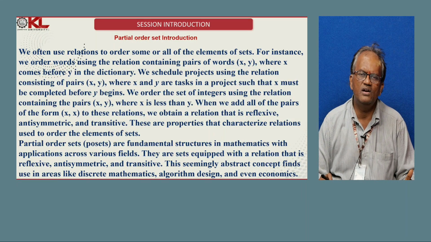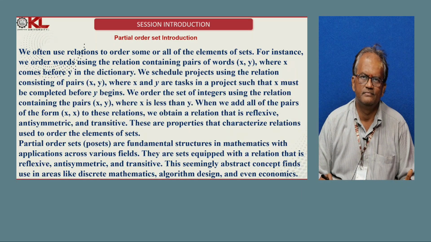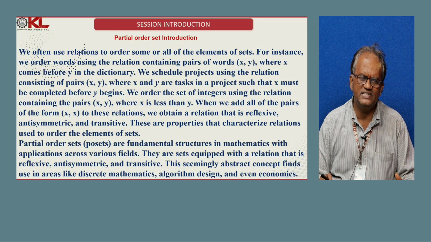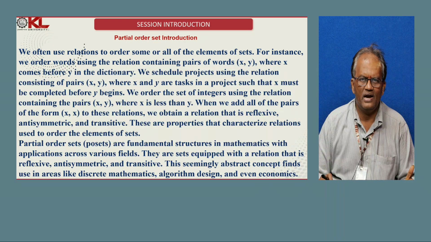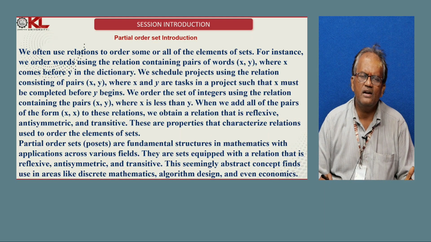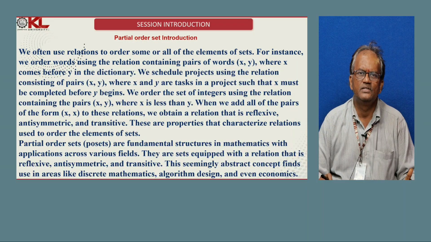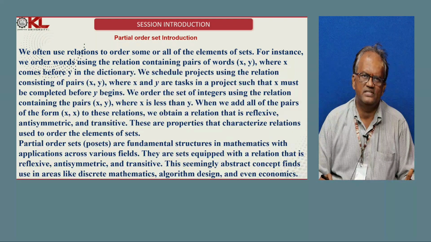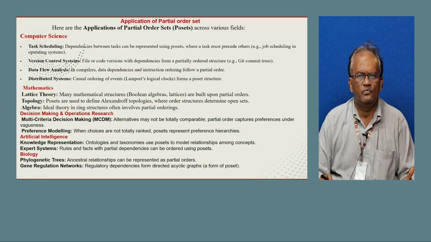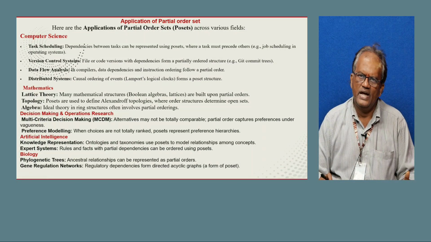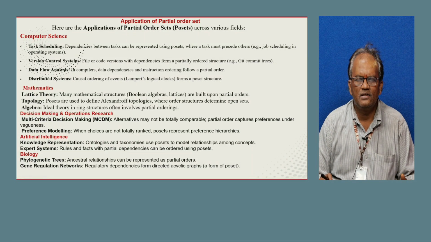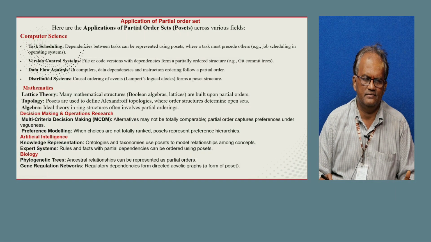A set with a relation denoted by R should satisfy, for every element, three properties: first, reflexive relation; second, antisymmetric relation; and third, transitive relation.